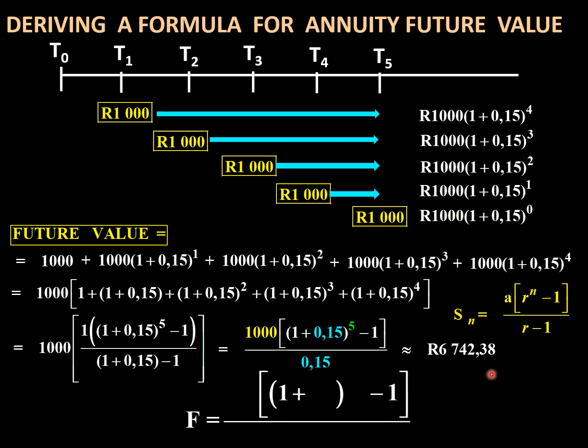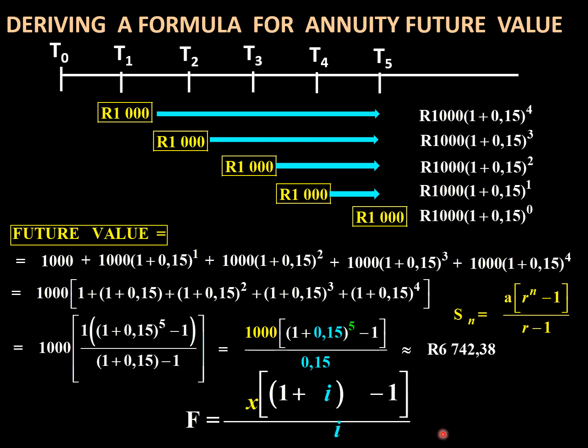Let's generalize that. So the future value, you can see there's the format. I'll have a bracket, and then I have 1,000. Let's put an X for the 1,000, and for the interest, let's use an I. There's another I here at the bottom.